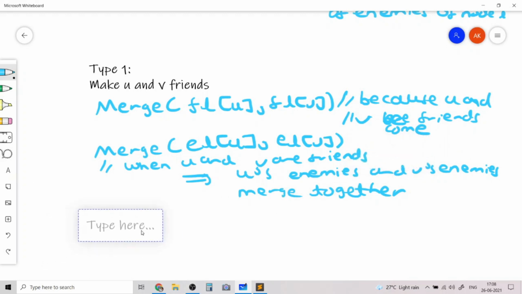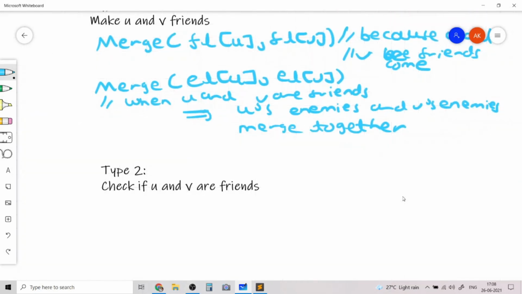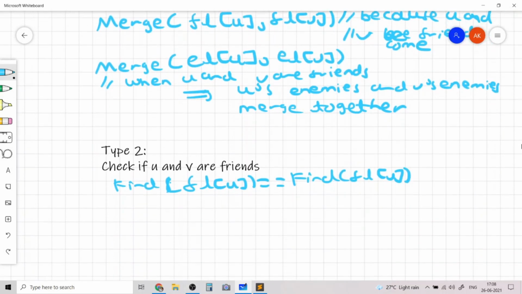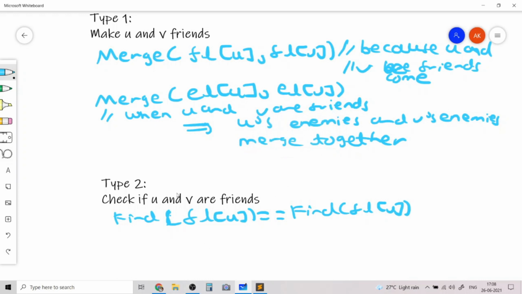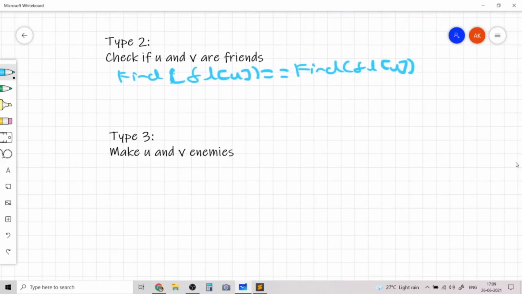Now, when we need to check if U and V are friends, this is also essentially one line, because we just need to check if find of friend leader of U is the same as find of friend leader of V, and this is because we just need to check if U and V are friends, and friend leader essentially stores the set of friends of U and V. However, how do we handle the next two types of operations, which are basically making U and V enemies and checking if U and V are enemies?